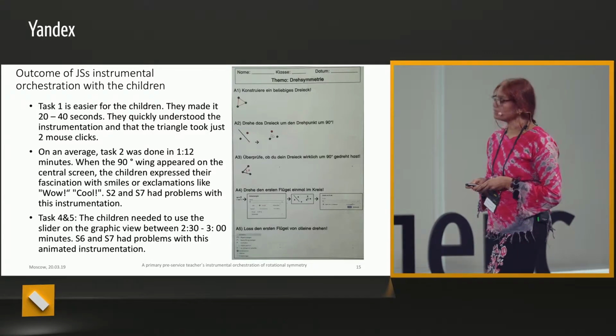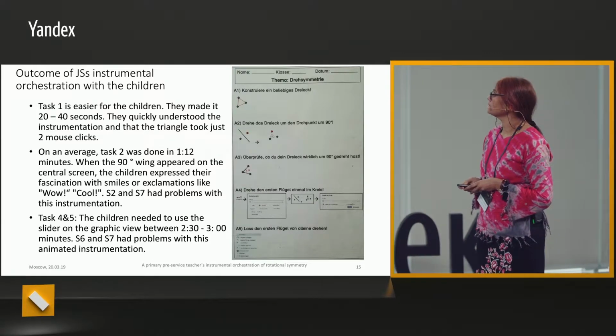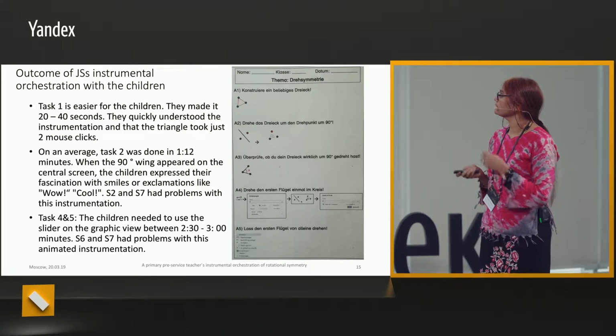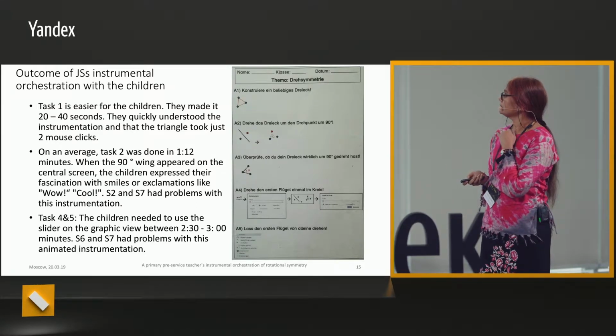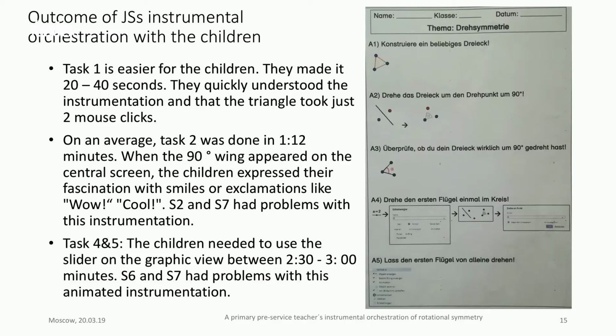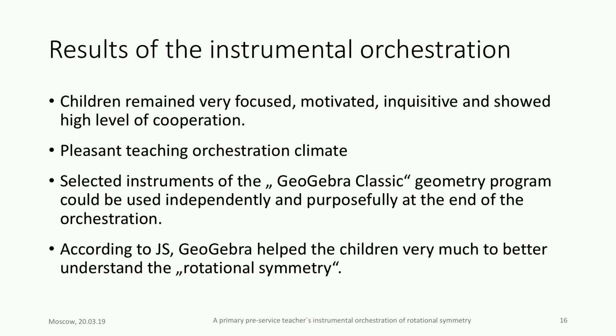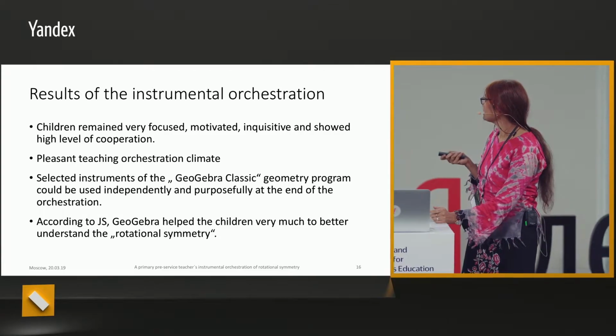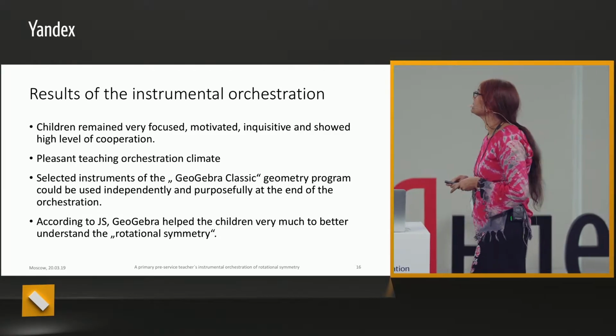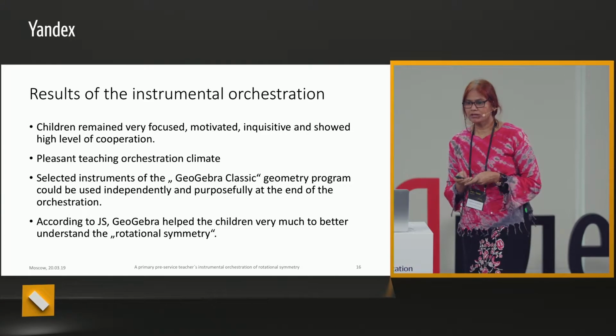They made it in 20 to 40 seconds on an average, and task 2 is a little bit complex, and task 4 and 5 are the most difficult part. And you see that they have done it in an average 2.5 to 3 minutes. So these are the things that she found. She found that it's a very pleasant teaching orchestration.